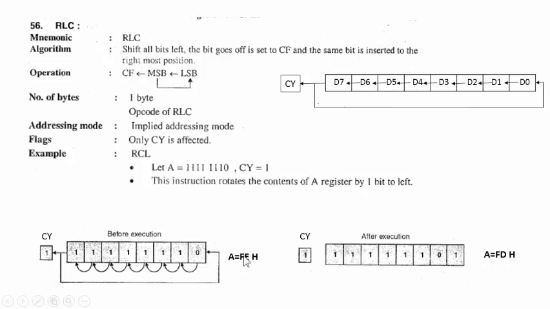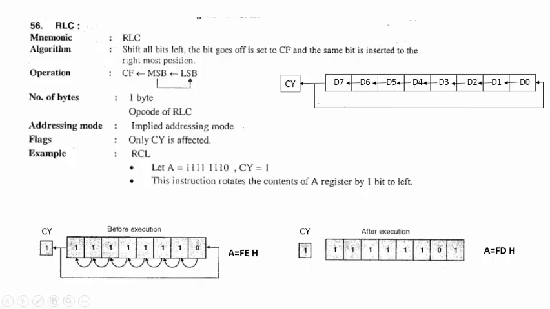For example, suppose in the accumulator we are having FE hex, 1111 means F, 1110 means E, and suppose carry flag bit is 1. So this instruction rotates or shifts the contents of the accumulator by 1 bit to left.